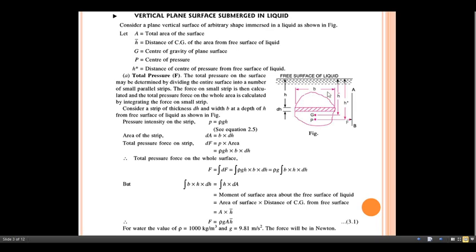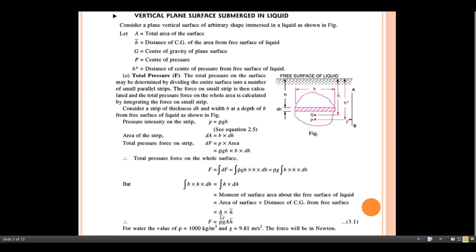So the area of the surface is A, and h bar indicates the distance of the center of gravity from the free surface. With the help of this, we can take the moment of this dA, the moment of the area about the free surface, which is A multiplied by h bar. So what is the force we get here?